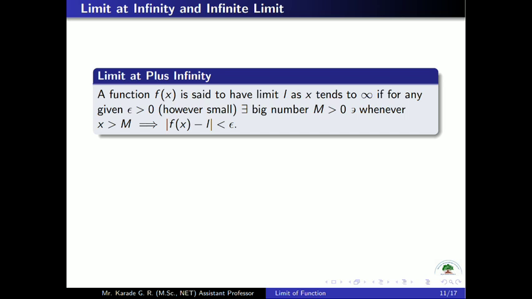Okay, so as m is a very big number, and for all values of x which is greater than m, this must imply the distance between f of x and L is less than epsilon. Okay, in this case we say that limit of a function f of x is L as x tends to plus infinity.